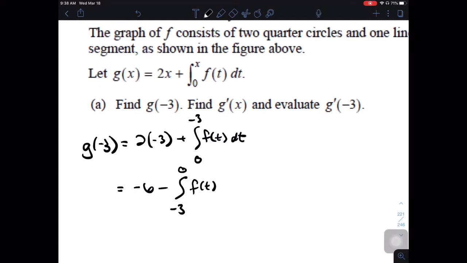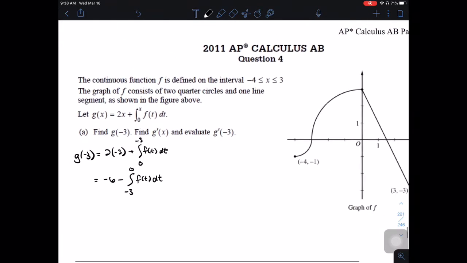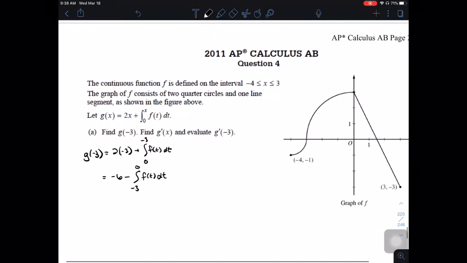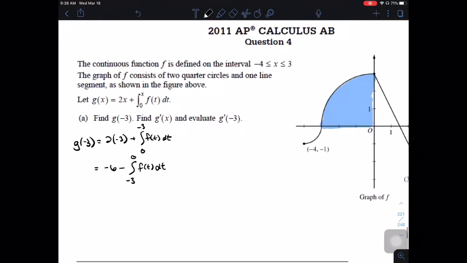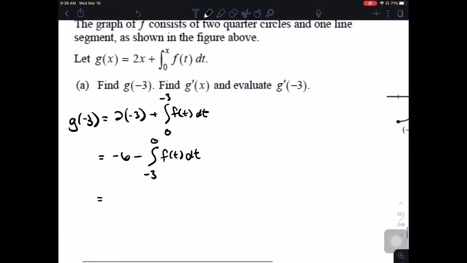So we've got to find the area between the curve and the x-axis from -3 to 0, which is this region right here, which is a quarter circle. So to find this, we're going to have to take a fourth of the area of a circle.